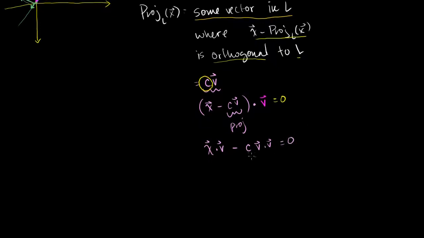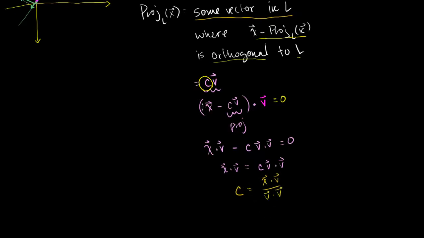Then if we want to solve for c, let's add c times v dot v to both sides of the equation, and you get x dot v is equal to c times v dot v. Solving for c, let's divide both sides of this equation by v dot v. You get c is equal to x dot v divided by v dot v.